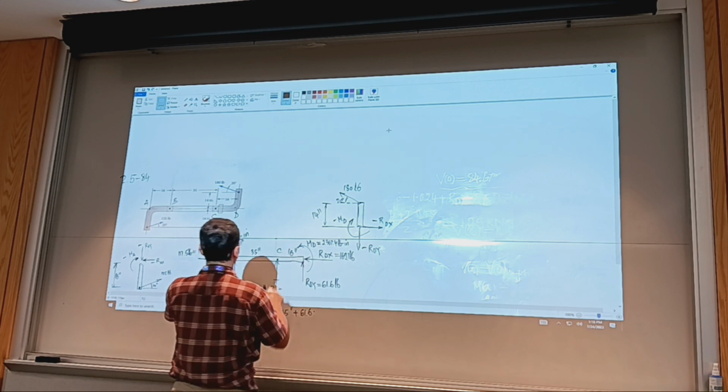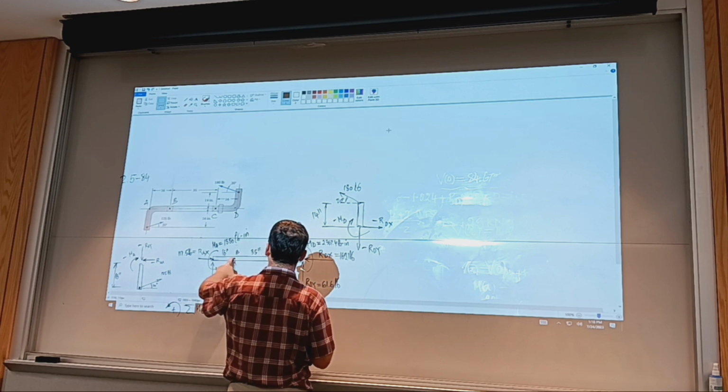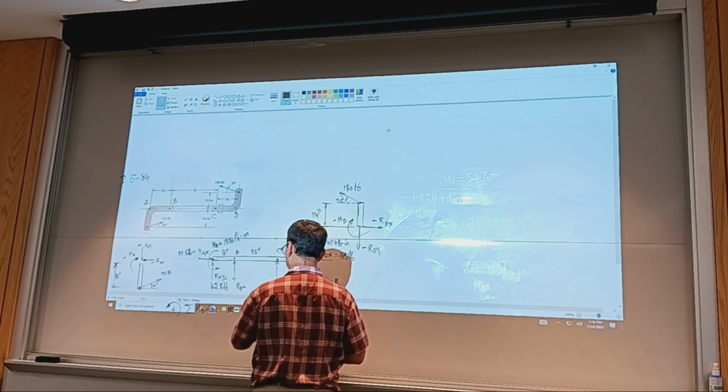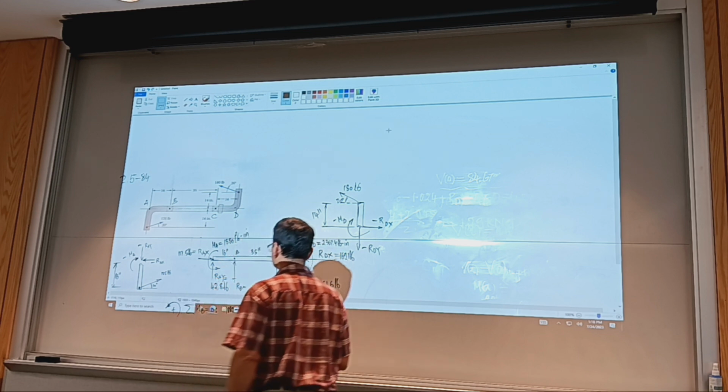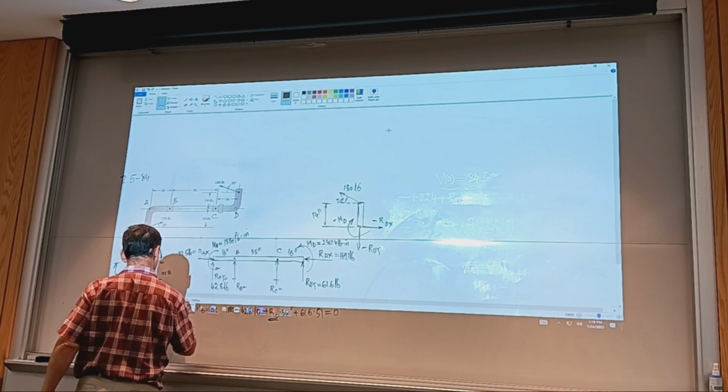So 35 plus 16, that's what? 35, 45, 51 inches equals 0. This allows us to calculate RC. And then we'll take care of it in just a little bit.